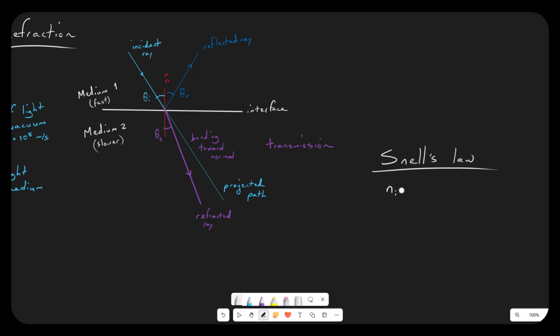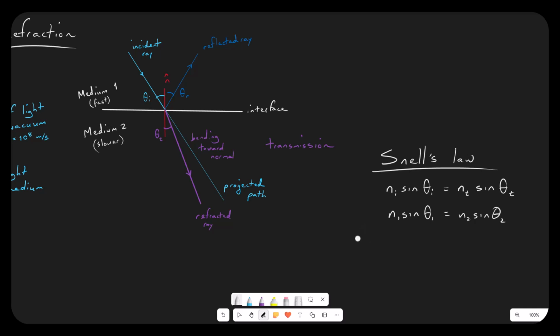n incident times the sine of the incident angle equals n transmission times the sine of the transmitted angle. Or sometimes you'll just see it n1 sine theta 1 equals n2 sine theta 2.